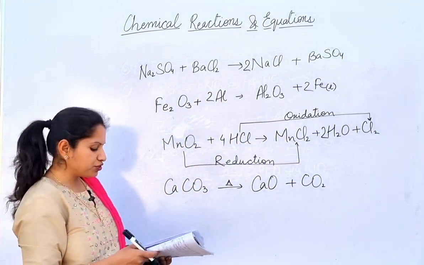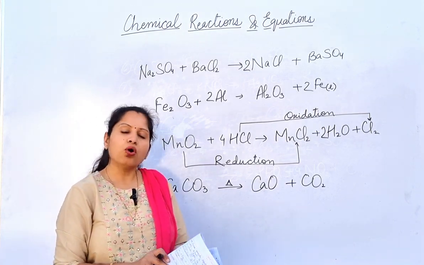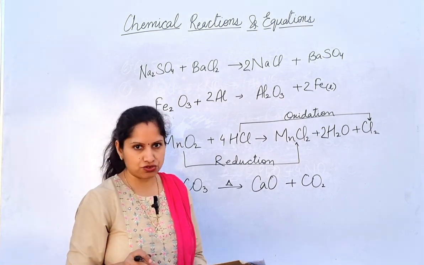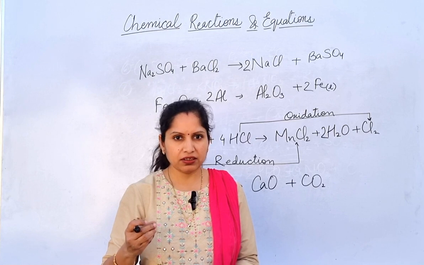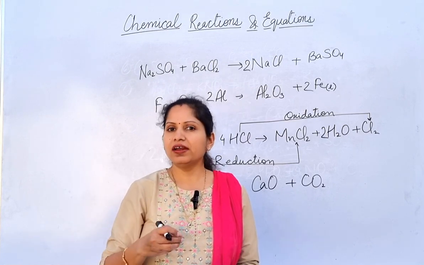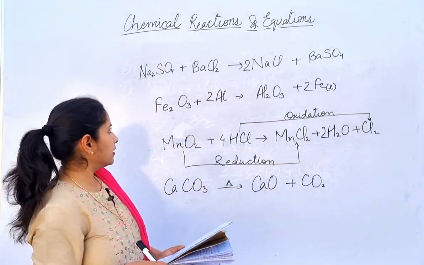Okay. So this is which type of reaction? It's a decomposition reaction, and remember, all decomposition reactions are also endothermic in nature. They are going to absorb heat or sunlight or electricity for carrying out the reaction. Okay, so that is there.